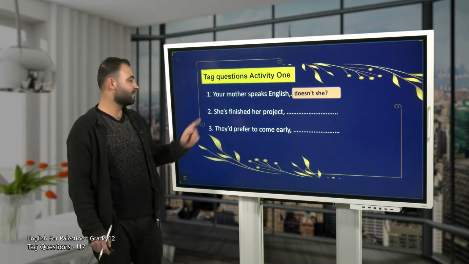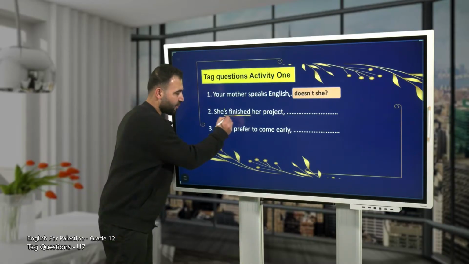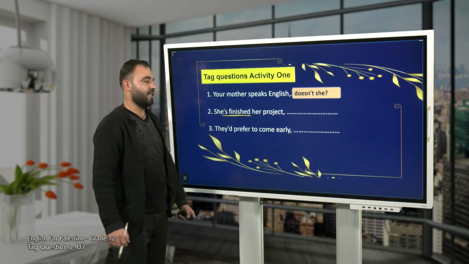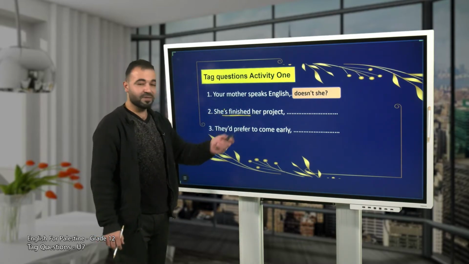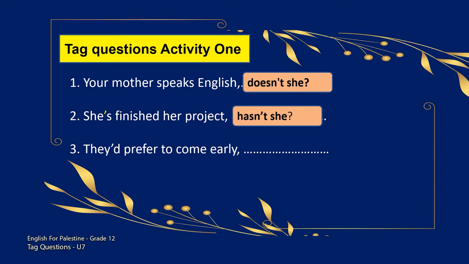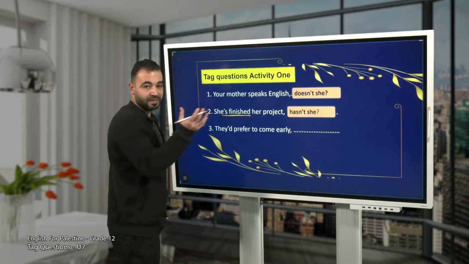Doesn't she? Number 2, she's finished her project. We have here an abbreviation, s. And let's see the correct tag question for this statement. It's hasn't she? Why? The s here stands for has, for present perfect tense.